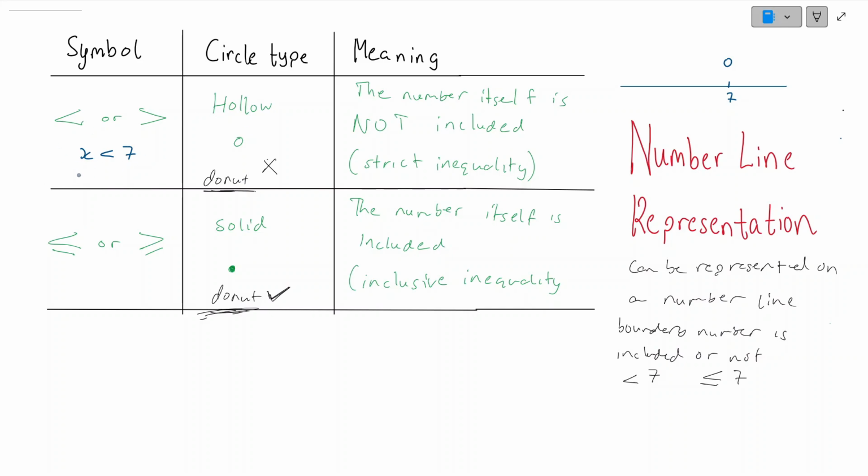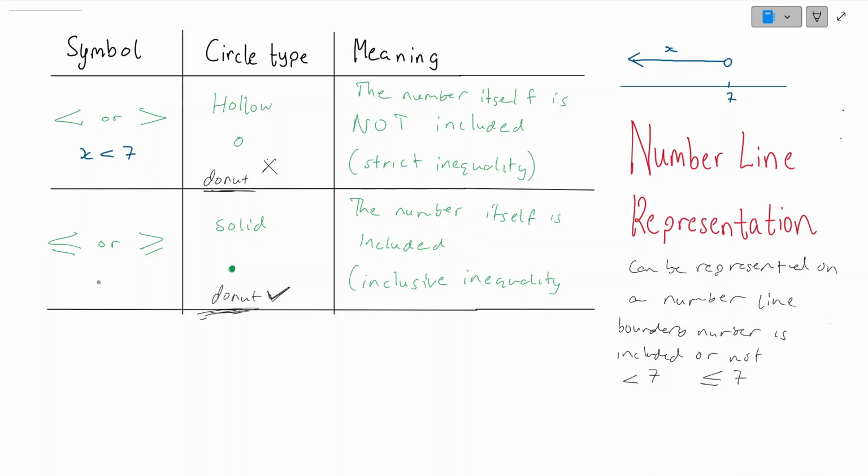And because x is everything less than 7, you're going to illustrate that towards the left of 7, because all the numbers towards the left of 7 are all less than 7. So this line represents the values of your x. That's how this x less than 7 is shown on a number line.